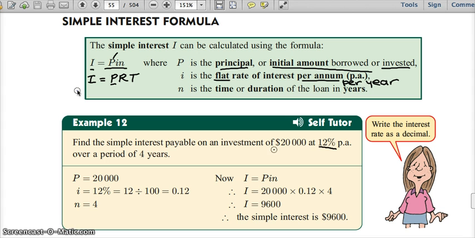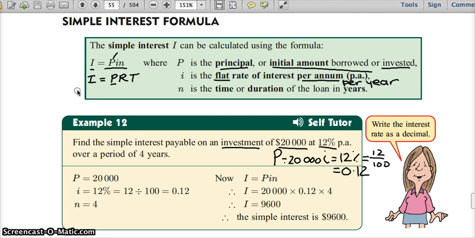The simple interest payable on an investment of $20,000, that should be P. Your I is 12 percent, which is 12 over 100, therefore your I is 0.12. Your P is your 20,000.